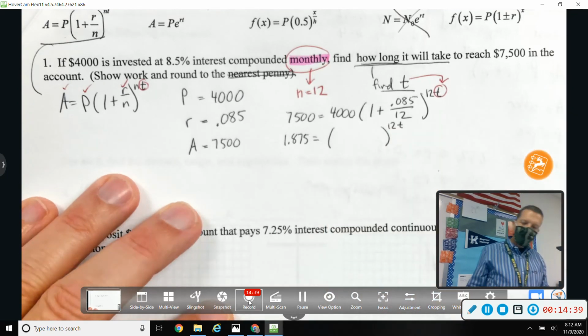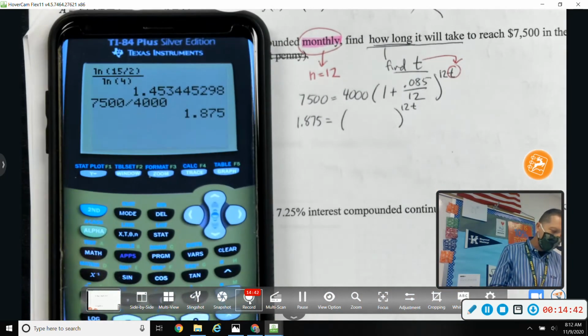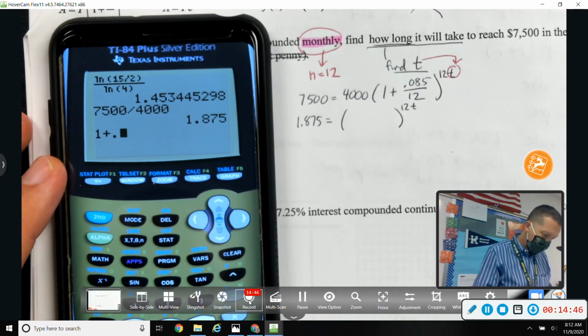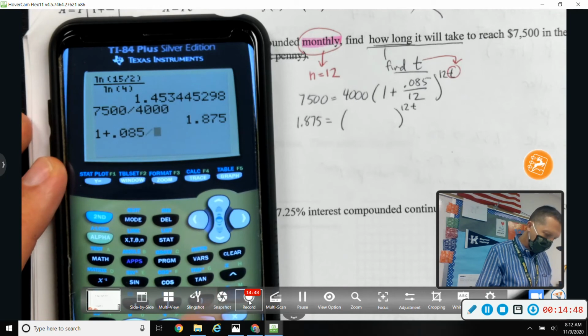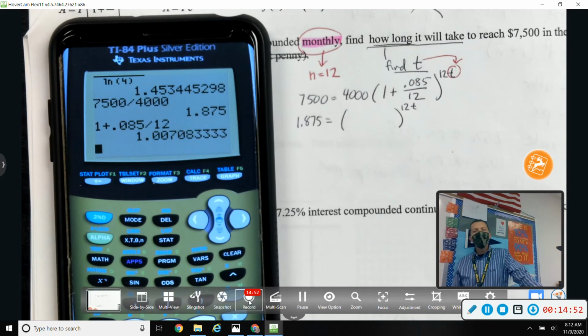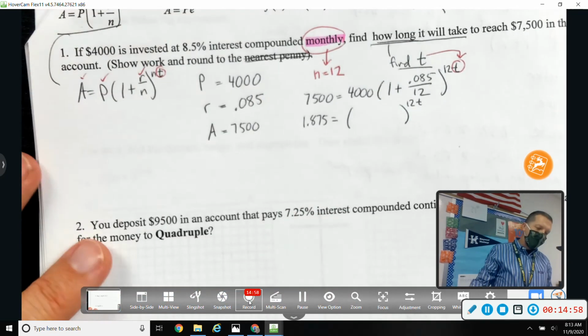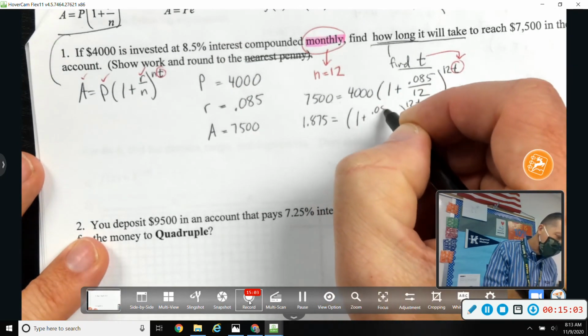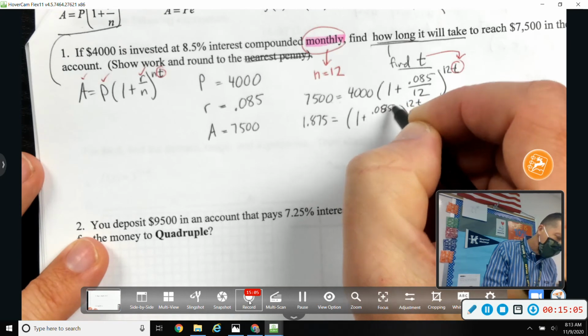And then I guess I could type that in. I'm going to have to type it in eventually, so either way, 1 plus 0.085 divided by 12. And that's what I figured was going to happen. That's a really ugly number. So I think it's probably easier to just leave it as written.